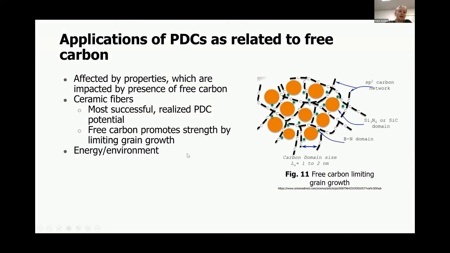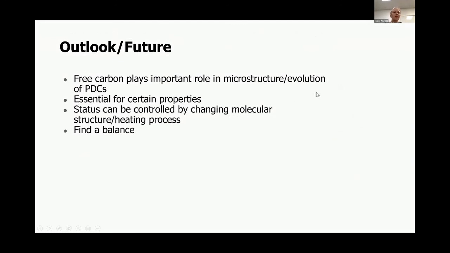And then again, energy systems are also impacted by free carbon, such as the lithium-ion battery electrodes that we just talked about on the last slide. And then here's just a different way of imaging that the carbon is preventing that grain growth between these silicon molecules here.